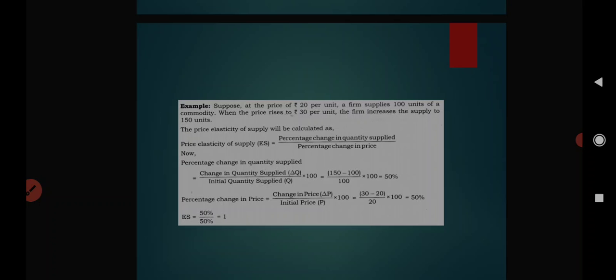So we get 150 minus 100 upon 100 into 100, that is 50%, and change in price is 30 minus 20 upon 20 into 100, that is 50%. So elasticity of supply will be equal to 1, that is unit elastic supply. It means that the percentage change in quantity supplied is equal to percentage change in price.